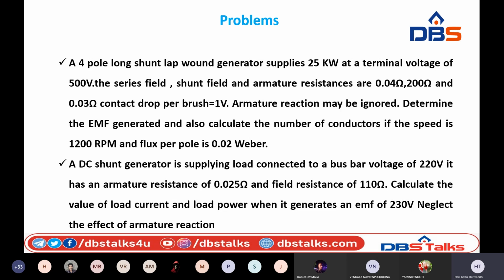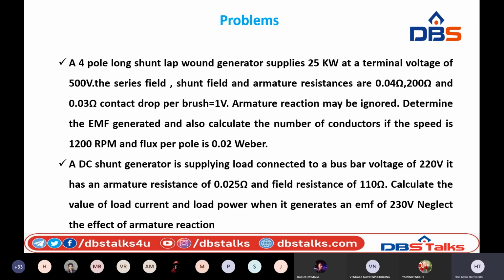Therefore 230 is equal to 220 plus IA into 0.025. From that we have to find out the IA value. After finding IA, already we have ISH, 2 amperes.